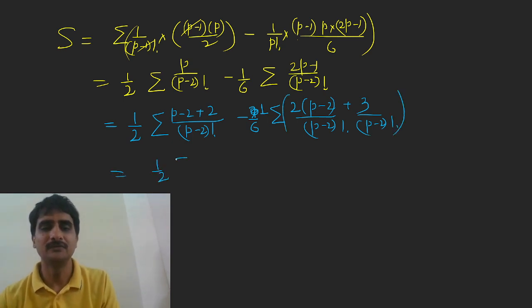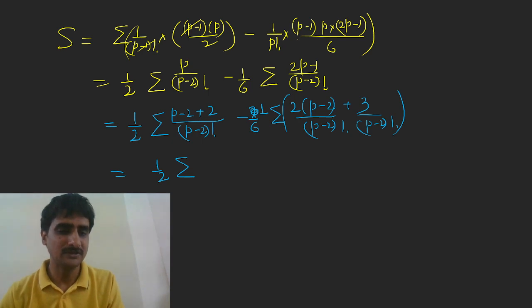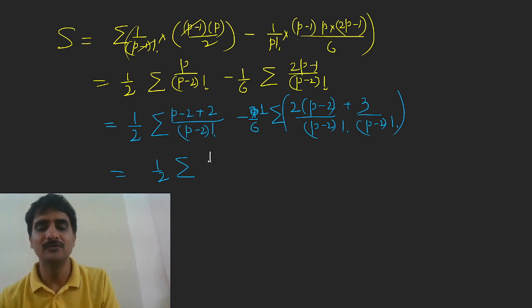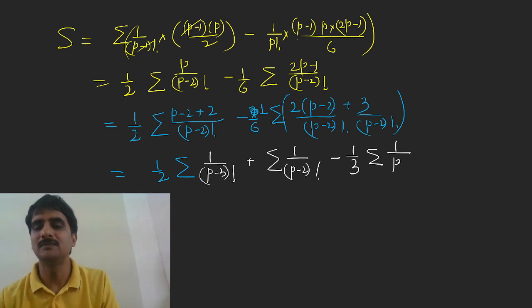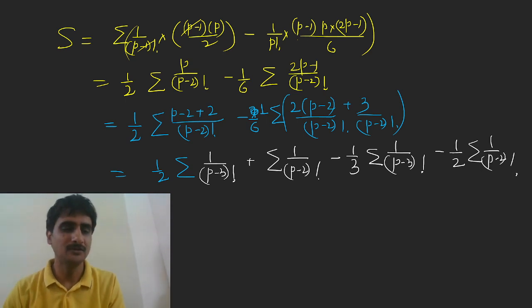Half times summation, for the first term we get 1 over p minus 3 factorial plus, of course, summation 1 over p minus 2 factorial, minus 1 by 3 times summation 1 over p minus 3 factorial, minus half times summation 1 over p minus 2 factorial.